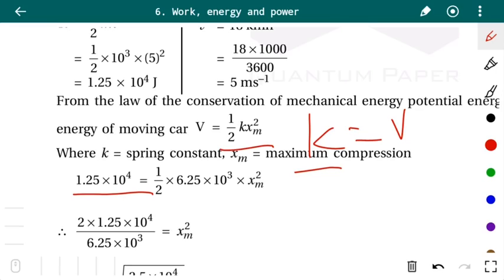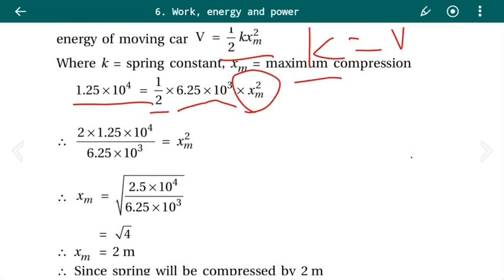Putting the value of k, so half into 6.25 into 10 raised to 3, and here xm square we need to find. So taking xm square as the subject and taking all the other terms on the other side.